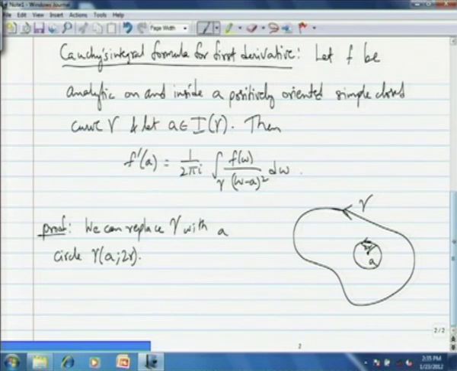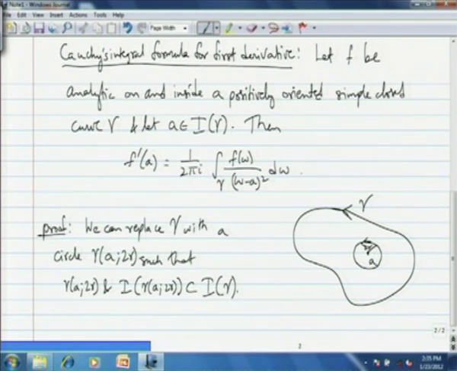We will decide what r is shortly. At least we need the following of r: such that this circle gamma A, 2r and its interior are contained in the inside of gamma.